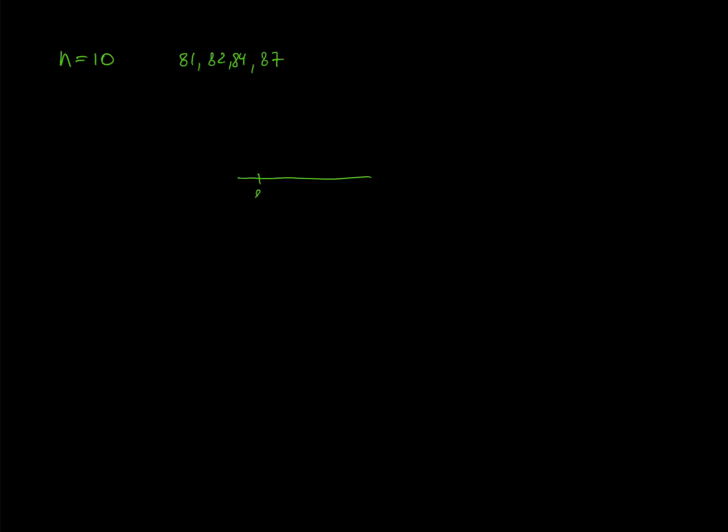Let me just draw it like this. So we have 80. We have 90, and we would like to make the relative frequency distribution. So first we calculate the frequency. The frequency is 4 in this case because all 4 values are inside this bean. So it means that the relative frequency will be equal to 0.4 because we have 10 values in total. So it means that we can make a drawing like this, 0.1, 0.2, 0.3, 0.4, and that will be the bar.